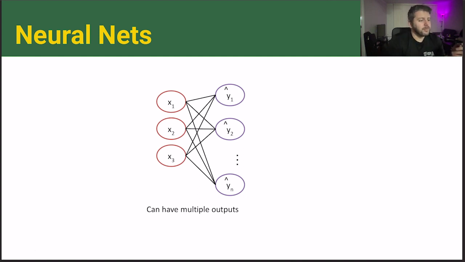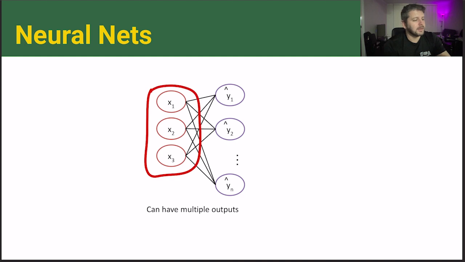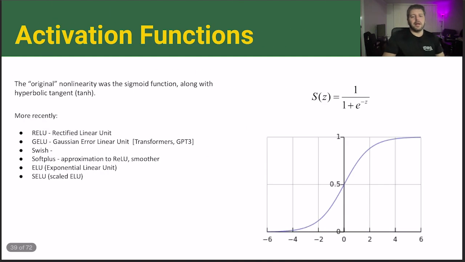And so the basics of neural nets, which I know for the class you will have already seen and done some basic machine learning, but here we have a set of inputs, and we can have a mapping to a set of outputs. And what we typically want to include is an activation function. The original activation function was, if you ignore the step function that originally came with the multi-layer perceptron, the sigmoid function and the hyperbolic tangent, or tanh, function.